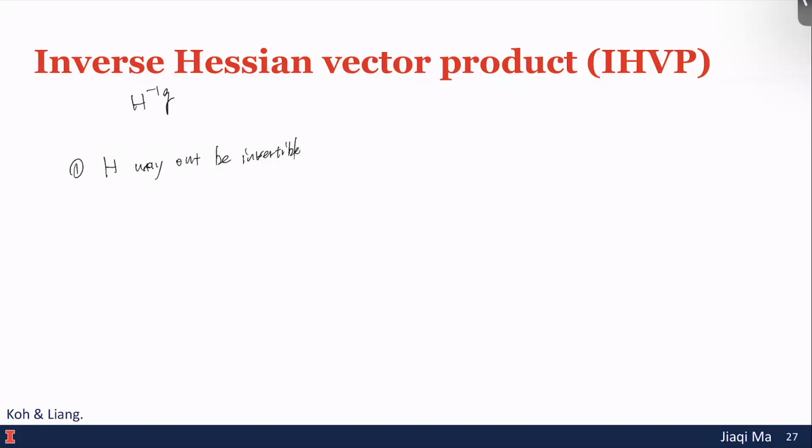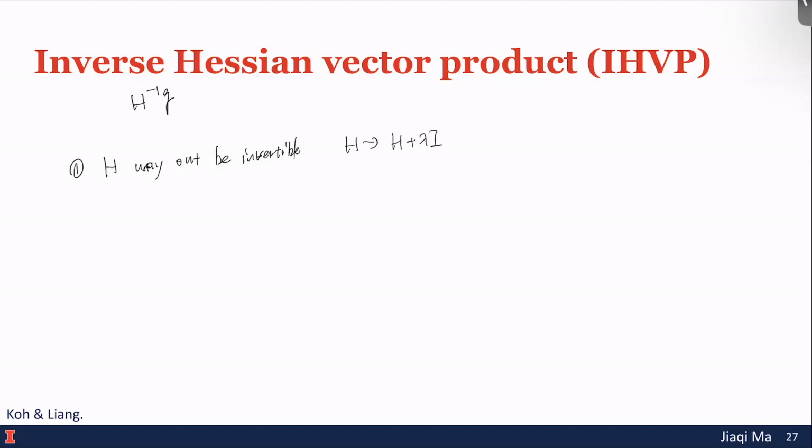There are a lot of different efforts trying to generalize the influence function to non-convex models with singular Hessian. But the simplest trick people find useful is to add a small damping factor on the Hessian.